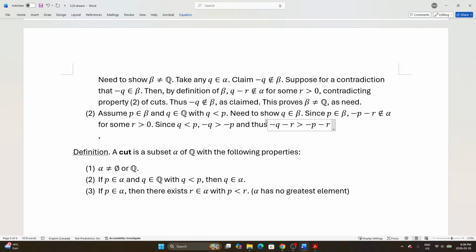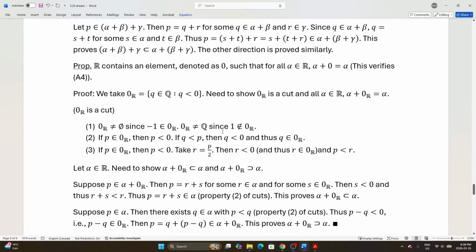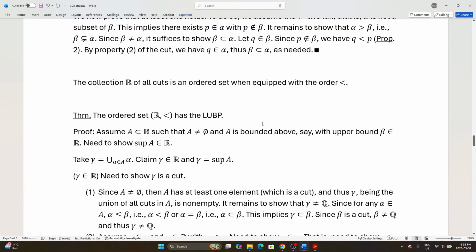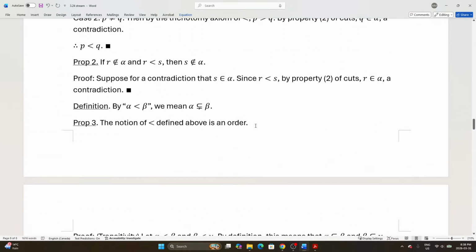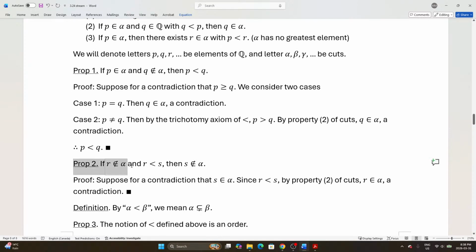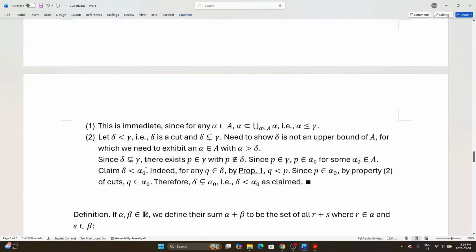All right, so I think one of the properties comes in handy. One of the basic properties for cuts that we proved right after the definition of cuts is right here. If r is not in alpha and r is less than s, then s is not in alpha. So that's this proposition we're using here.